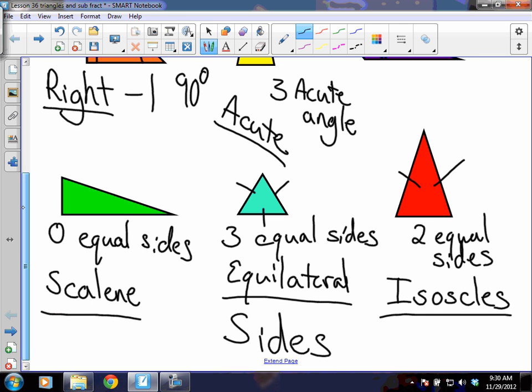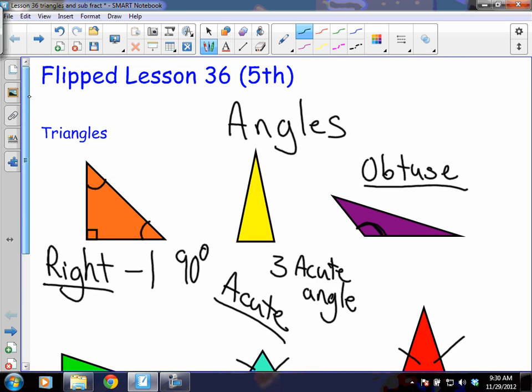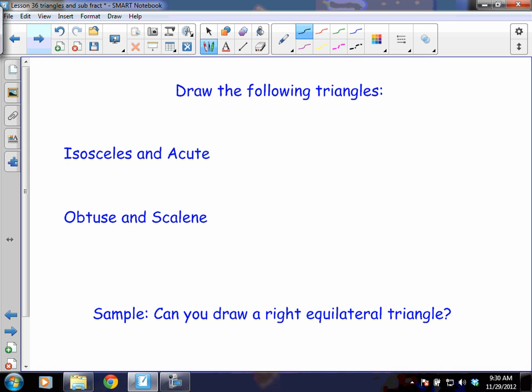Now, working with these 6 names, we can really start to apply these ideas because one is looking at sides, the other is looking at angles. Technically every triangle can be named two ways, once by its sides, once by its angles. So let's try and do that. We want to make an isosceles triangle, and we also want it to be an acute triangle.